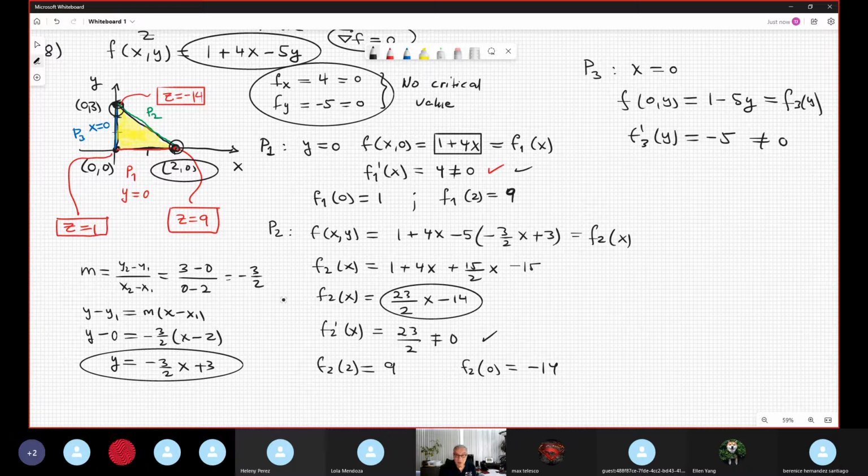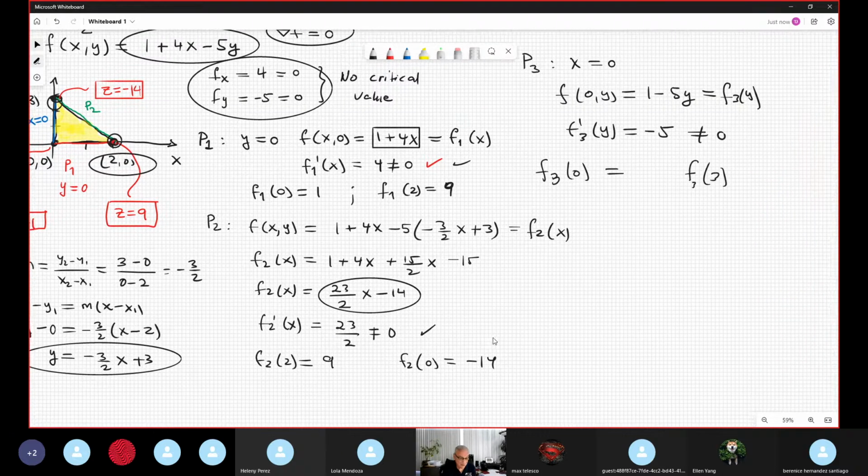And you evaluate F3, you evaluate where? Well, you evaluate at 0, F3, and evaluate at 3, F3. It's logical. Okay, we have exactly the same value again because it's a triangle. A 1 and -40. Okay, super.